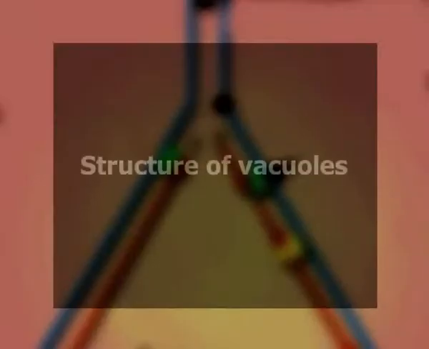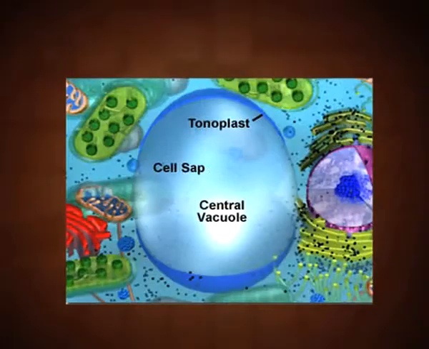Now, we will discuss vacuoles. Structure of vacuoles. The most conspicuous compartment in most plant cells is a very large fluid-filled vesicle called a vacuole. These are non-cytoplasmic areas present inside the cytoplasm and are separated from the latter by specific membranes.